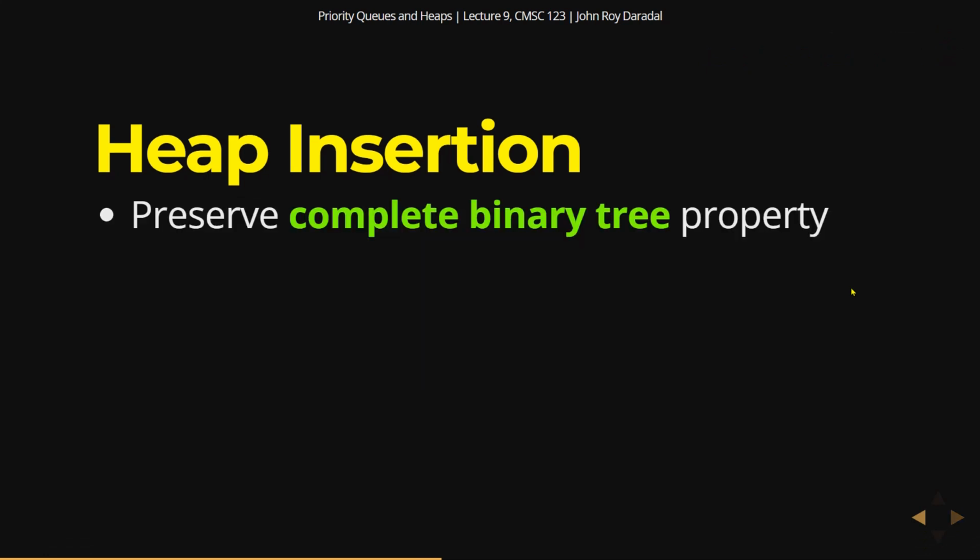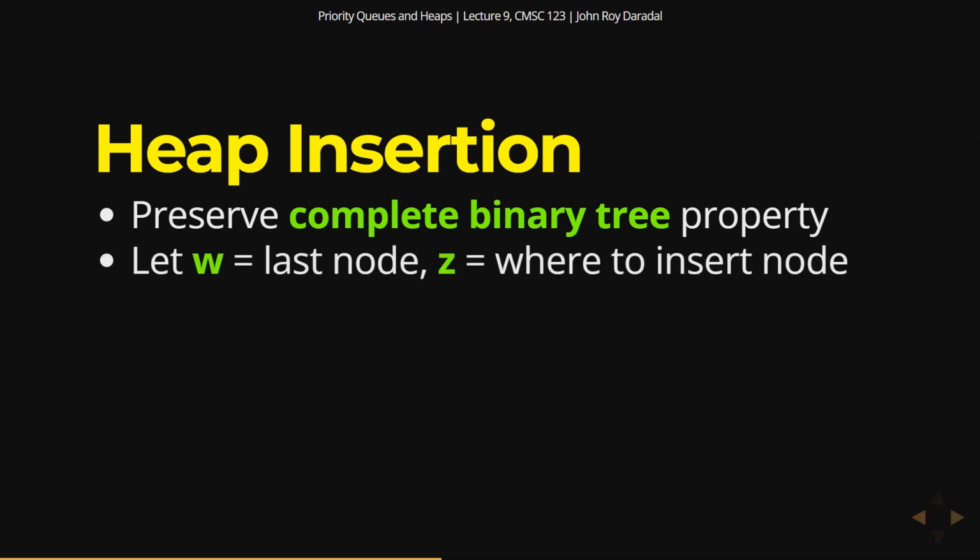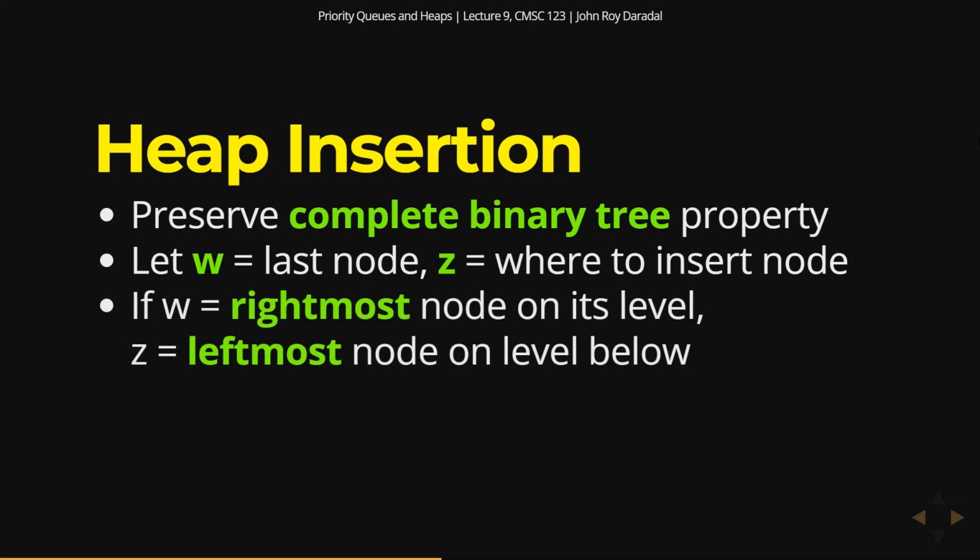So how will you do insertion? So we need to preserve the complete binary tree property. So to do that, we mentioned that W would be what we call the last node, and Z is where we'll insert the node. So if W, or the last node, is already the rightmost node on its level, then you cannot add any more to the right because it's already the rightmost.